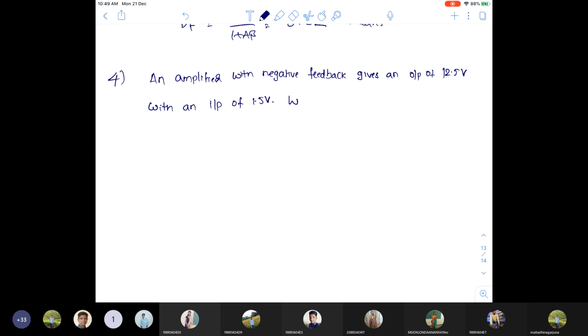When feedback is removed, it requires 0.25 volts input for the same output.